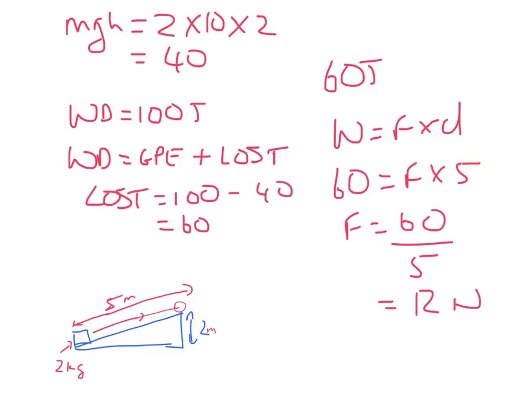So therefore 12 newtons of friction force is produced when moving the block up the ramp. Just remember, in this case, the lost energy is the energy lost due to friction, or work done against friction. Once we know that it's 60, we can apply this equation to it and work out the force of friction. This is a very tricky concept.